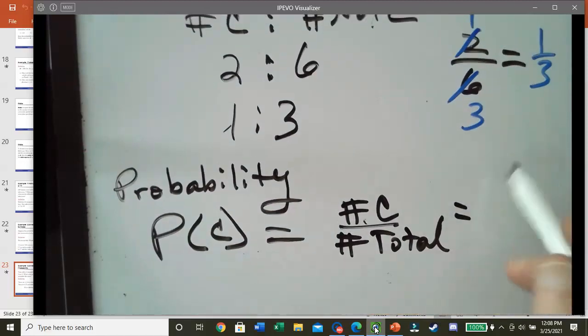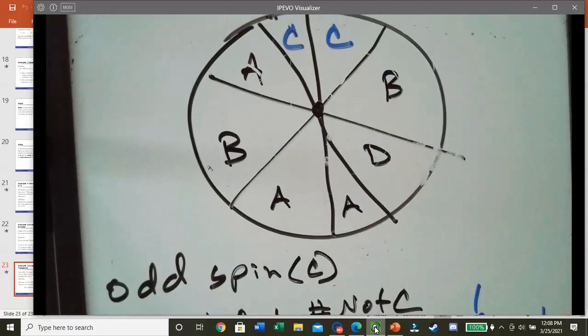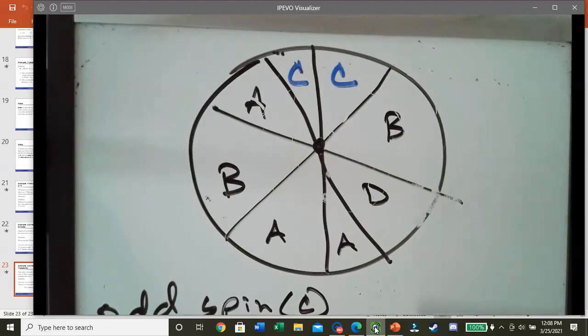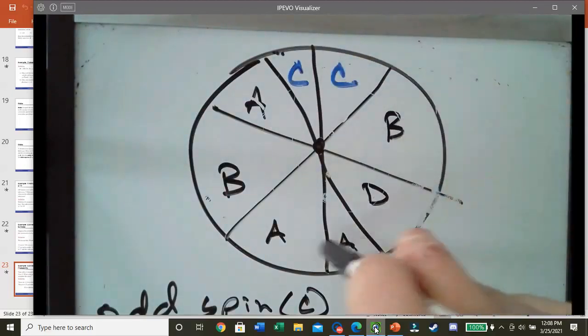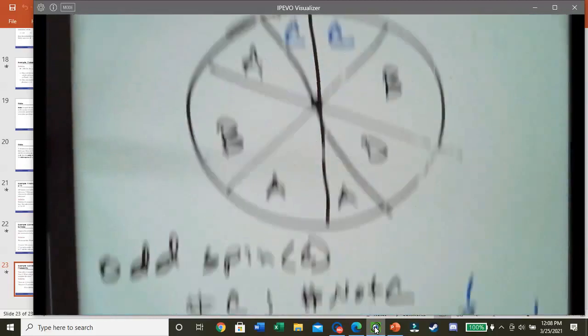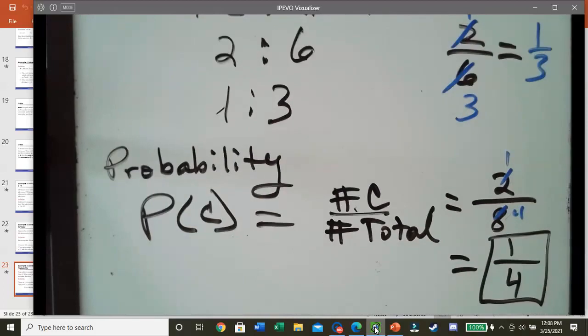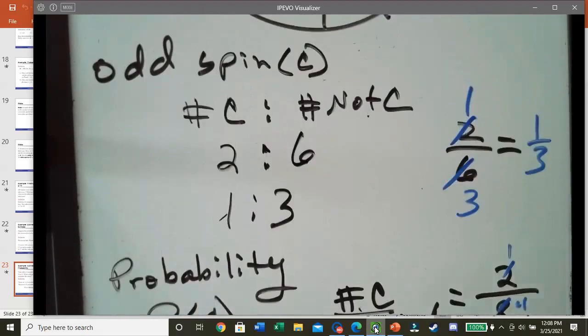How many C's did we say we have? 2. Over what's our total? 1, 2, 3, 4, 5, 6, 7, 8. 2 over 8. So that's going to make it 1 over 4, because 2 goes into 8 four times. So that's the difference between probability and odds.